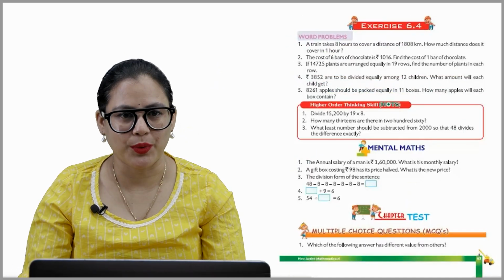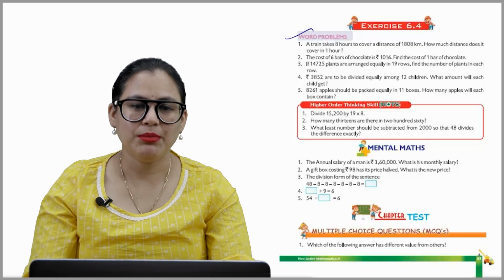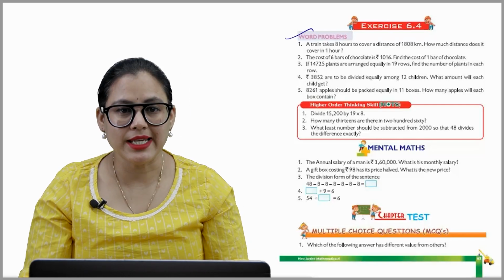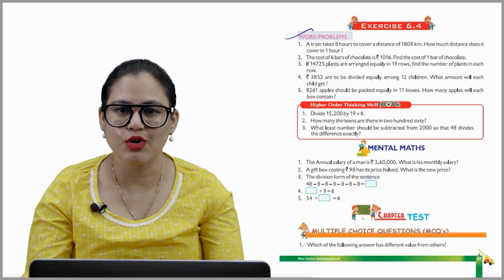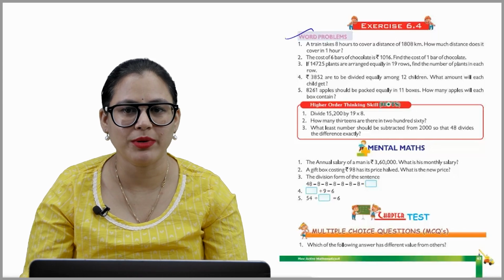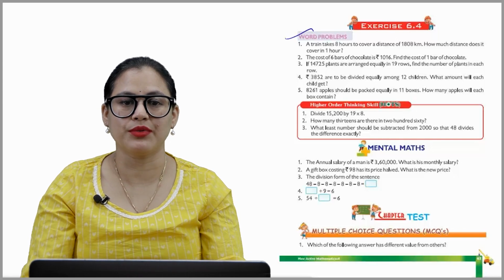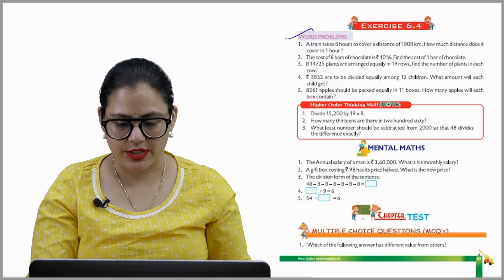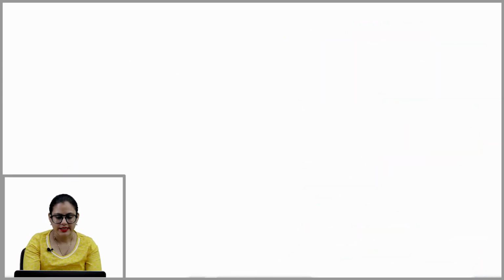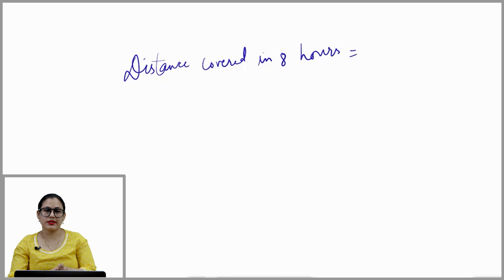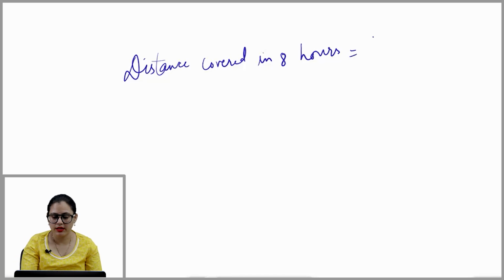Exercise 6.4. Word problems. Number 1. A train takes 8 hours to cover a distance of 1808 km. How much distance does it cover in 1 hour? Let's do it. Distance covered in 8 hours, how much distance does the train cover? 1808 kilometer.